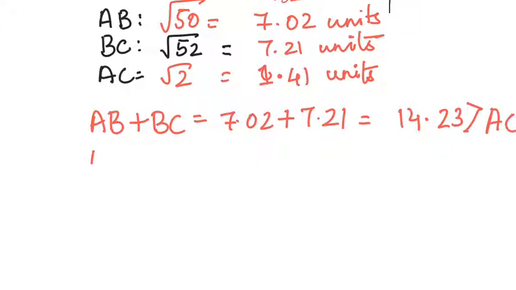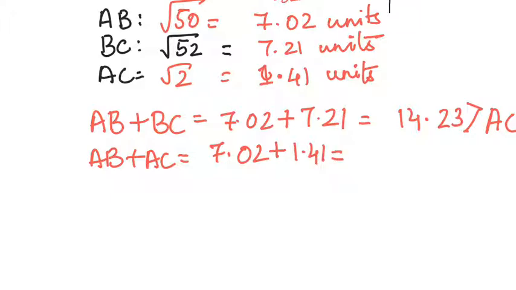If you add AB plus AC, that is 7.02 plus 1.41, that would give you 8.43, which is greater than BC.